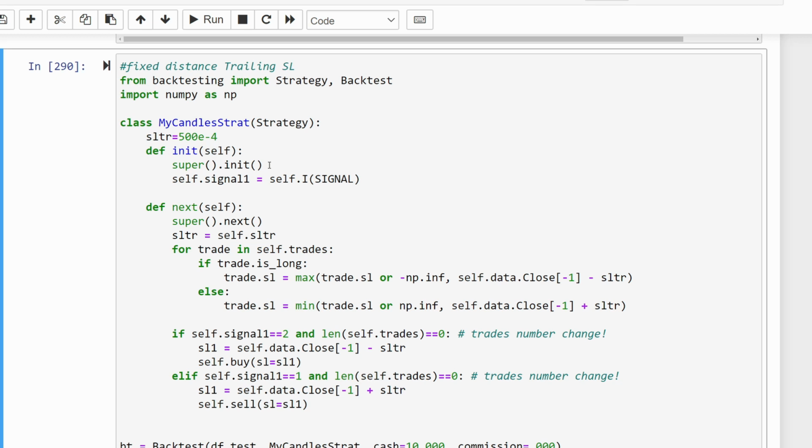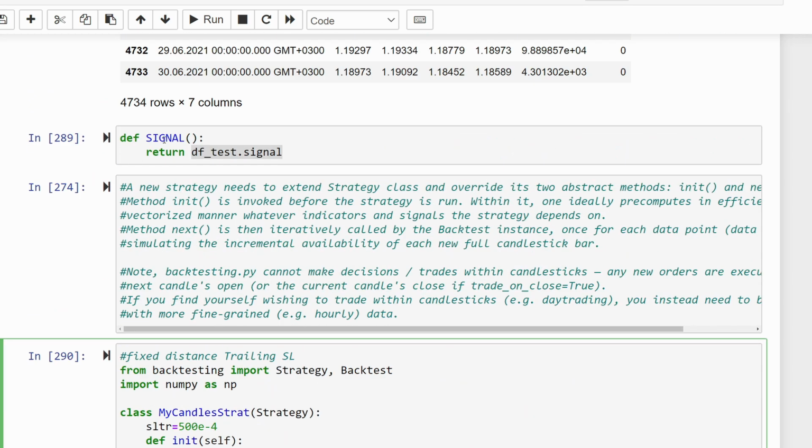In the initialize function that we are overriding from this inheriting class, I'm going to define the variable signal1, a property of the class that is equal to the function I, which defines an indicator. Here also we are overriding the function indicator of the strategy class. And in this case, my indicator will be the return values of the signal function that we have defined previously, what you can see here.